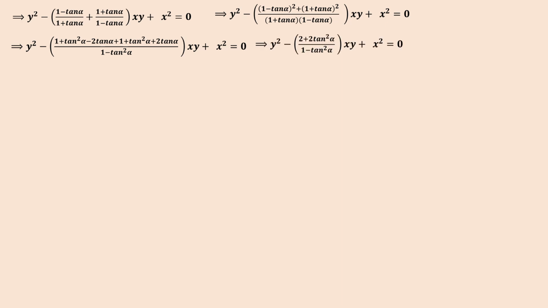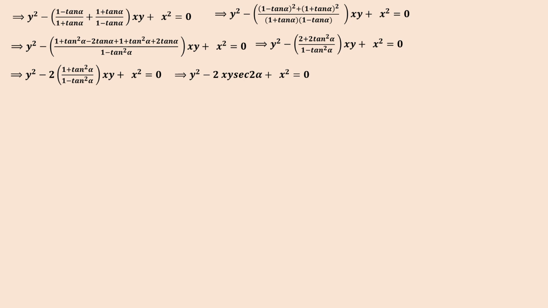That is y square minus, here minus 2 tan alpha and plus 2 tan alpha get cancelled, 1 plus 1 is 2, tan square alpha plus tan square alpha is 2 tan square alpha, by 1 minus tan square alpha, xy plus x square equal to 0. So y square minus 2 times (1 plus tan square alpha by 1 minus tan square alpha), because we are taking 2 outside, xy plus x square equal to 0.